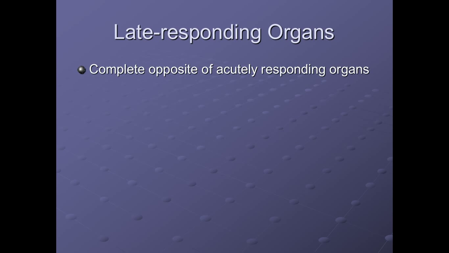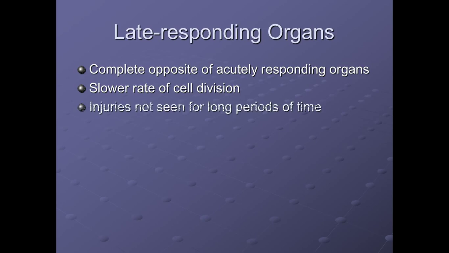Late responding organs are obviously the complete opposite of acutely responding organs, and this is due to the fact that they have a slower rate of cell division. And so if there is a DNA chain that's been damaged, if it takes a long time to divide and proliferate that damage across the organ, then they will still respond, but it will be much later on.